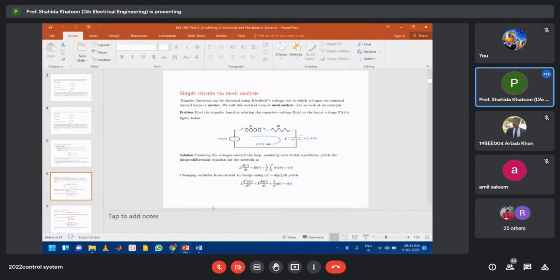And you can further solve this problem to find the transfer function in terms of VC(s) upon Vs. Okay, try to solve this problem yourself.